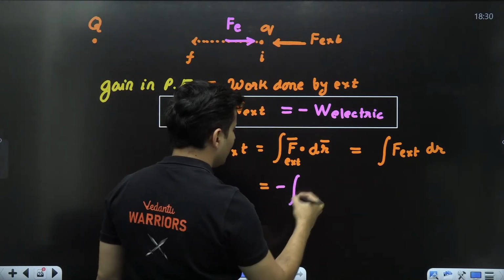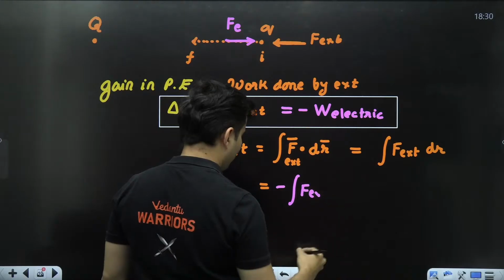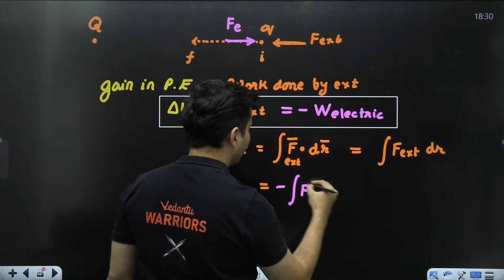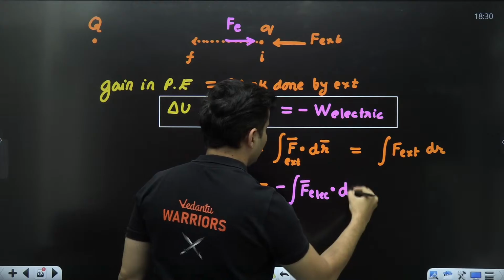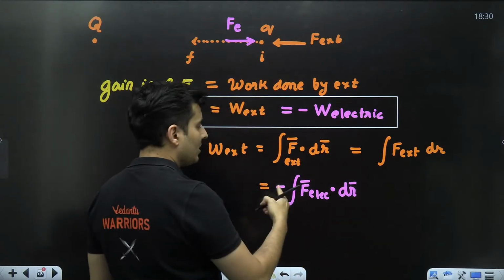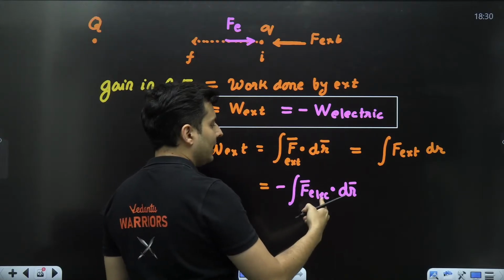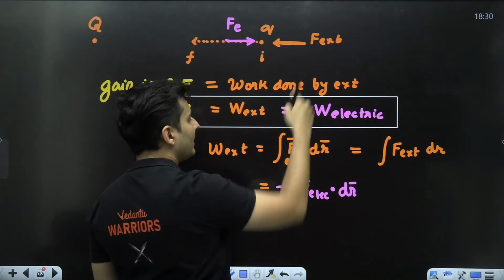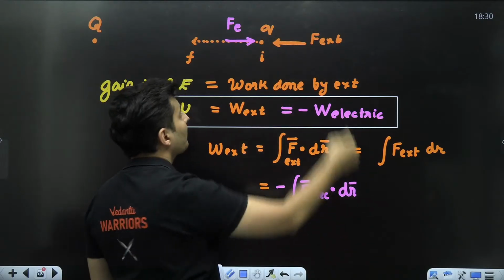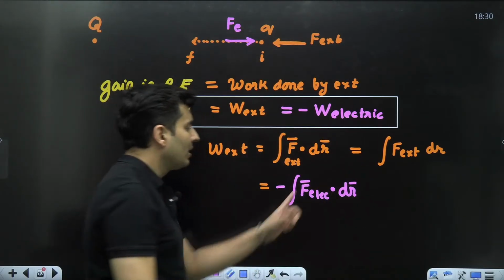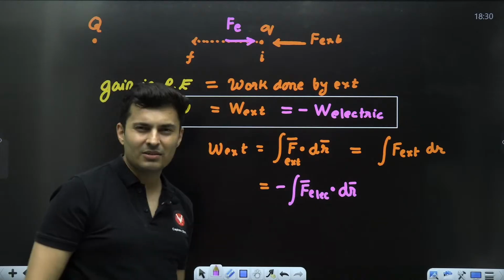So this will be negative of F electric dot dr. Remember, this negative sign has come from here, all right? And the electric force will be exactly doing negative work. So when you write for electric force, this negative sign will come.